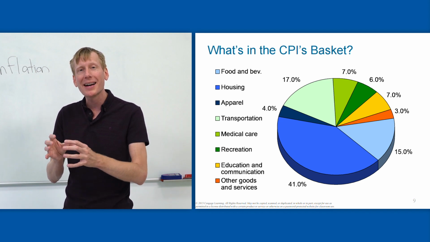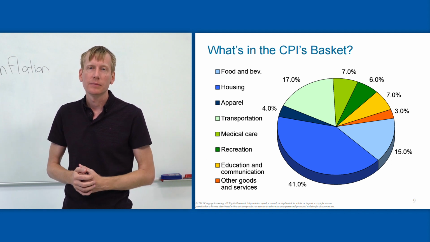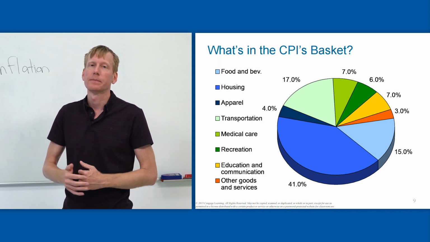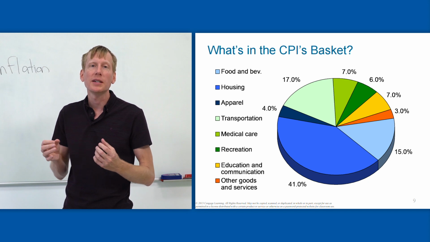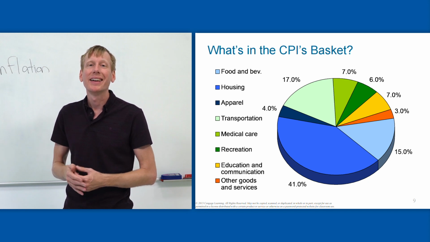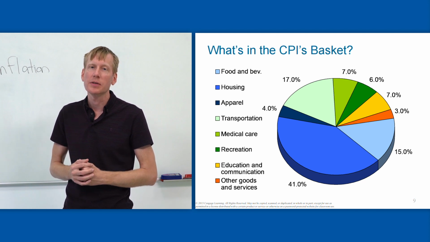So the CPI basket factors in 41% housing. And this is made up of things like rents for apartments. So by far the most important good in most people's lives that they need to spend their money on is rent, or imputed rent if they own the house or apartment in which they live.